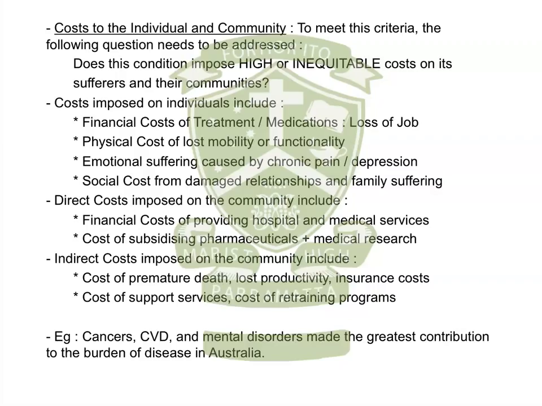And you can see here we've broken up the costs into costs on individuals, which includes the financial cost, physical cost, emotional cost, and also the costs imposed on the community, which we split into direct costs, which are direct in terms of money, and also indirect costs, which are costs which do affect things from a monetary sense, but not directly.